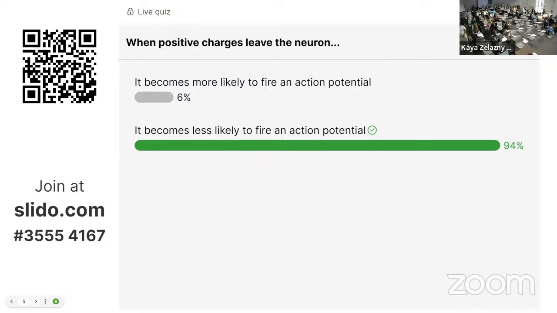It's becoming harder to fire off an action potential. We have to make up for those positive charges that we lost, and then also have enough to depolarize to threshold.